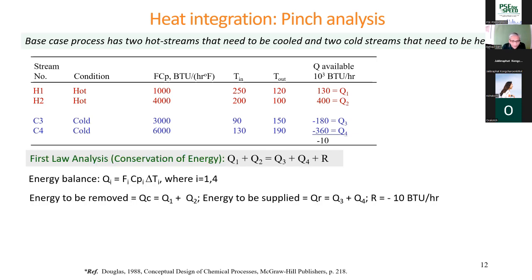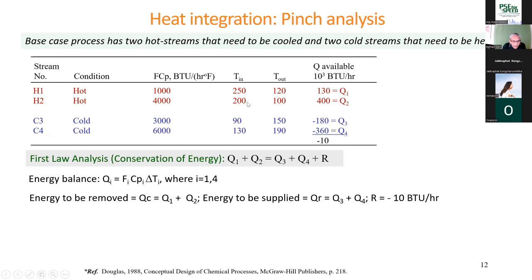So the first law of thermodynamics is the conservation of energy. Whatever energy comes in, goes out, plus addition or removal has to be equal. And the energy Q is calculated from F, the flow rate, Cp, the specific heat, the product of these multiplied by the temperature difference.